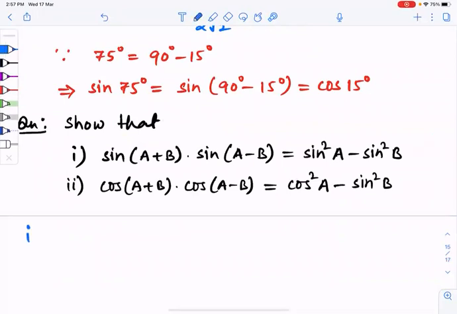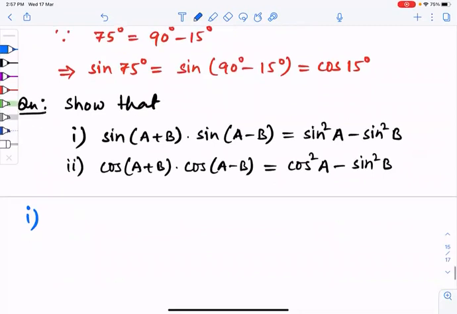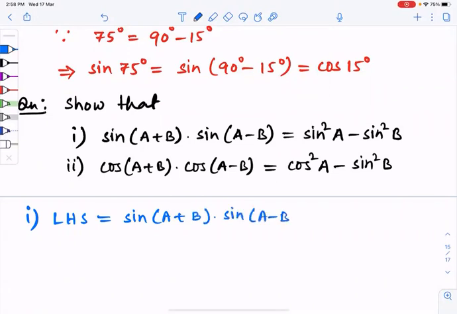Right. So number 1, we just apply the formula. Write LHS to start with: sin(A+B) into sin(A−B).